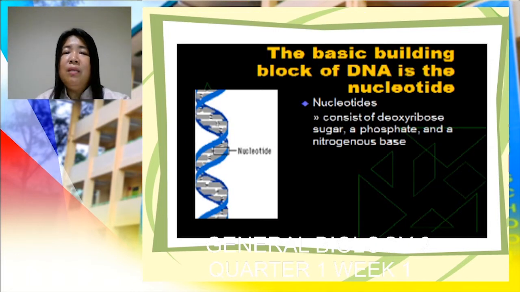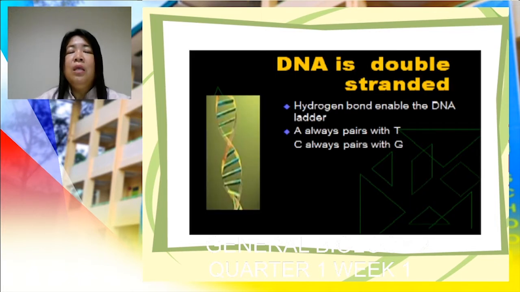The basic building block of DNA is the nucleotide. Nucleotides consist of deoxyribose sugar, phosphate, and a nitrogenous base. DNA is also known as a double-stranded structure. Hydrogen bonds enable the DNA ladder.